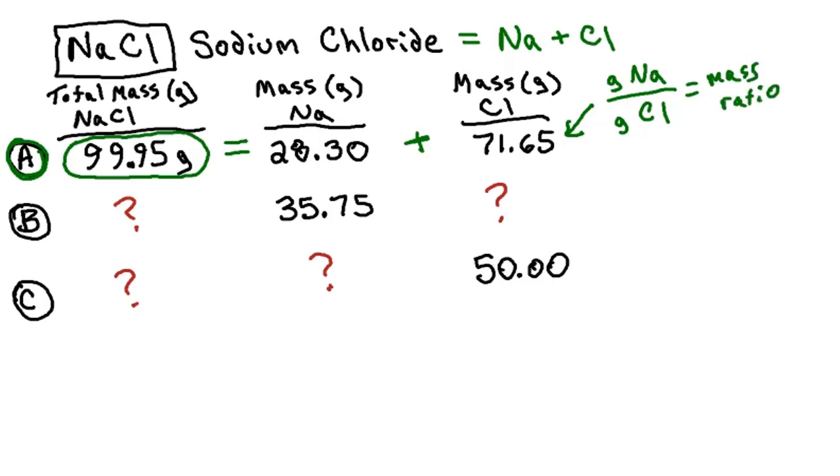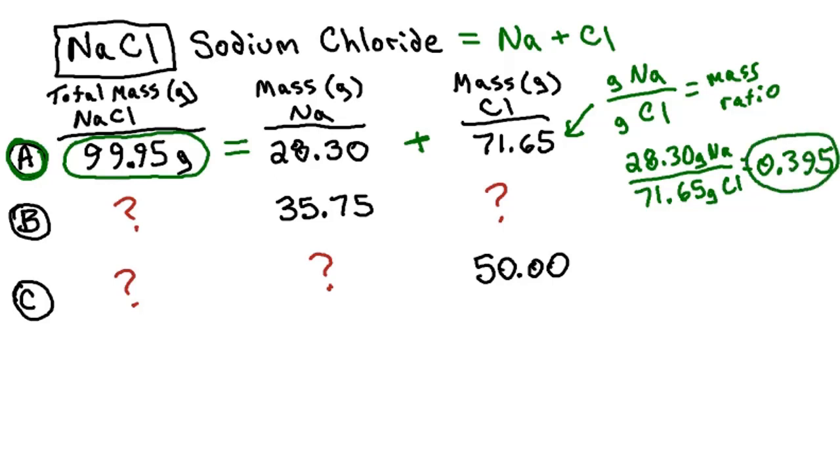So the grams of sodium in this case is 28.30 grams sodium divided by 71.65 grams of chlorine, and 28.30 divided by 71.65 is going to give us 0.395, and that's our mass ratio.